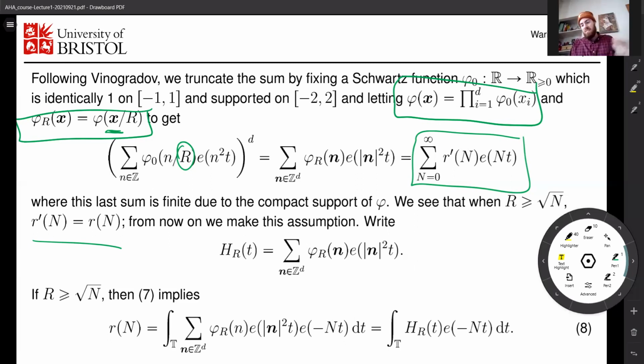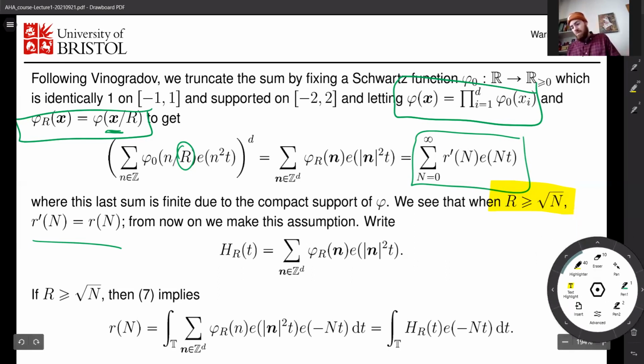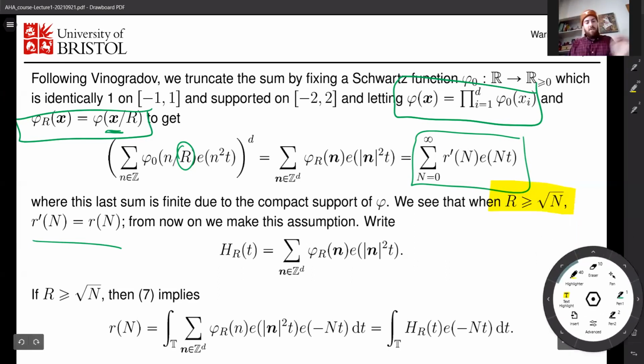And so we'll always have this assumption here. We're always going to have r greater than or equal to square root of n. Actually, at the end, we'll take r equal to the square root of n, or the ceiling of it. It's probably better for writing sums and such, but it's a minor point.